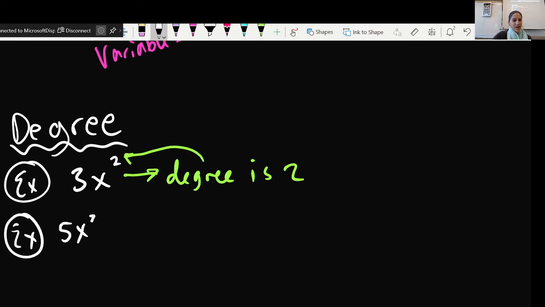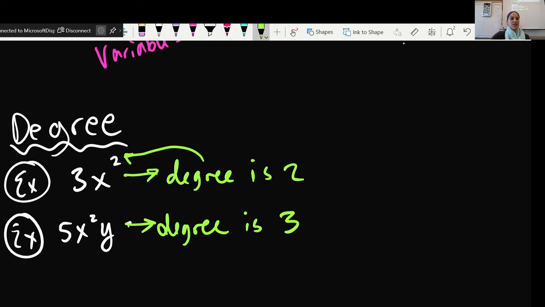If we have 5x squared y, then we want to know the degree in this case. What is the degree in this case? Yeah, it's going to be 3. So you know how whenever you see a variable like y or just an x, we never write it, but there technically is a little 1 at the top.